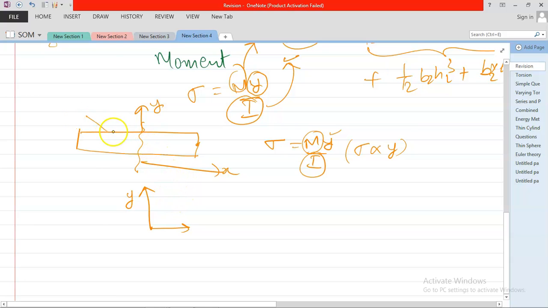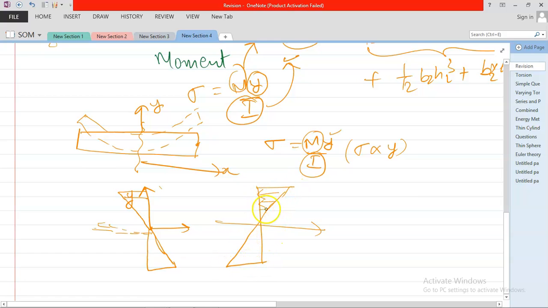And suppose this is the bending shape of the beam after bending. The upper portion is in compression, so there is a compressive stress, and the bottom portion is in elongation. So suppose I take this, this would be a linear profile. Suppose this is your center line, the neutral plane.